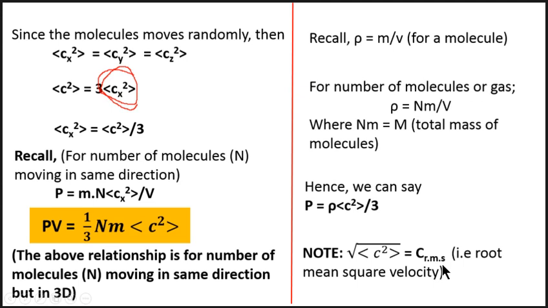The CRMS in this case is still regarded as the root mean square velocity. This can only be obtained when we find the square root of the mean square speed.